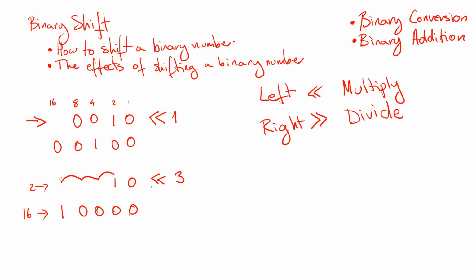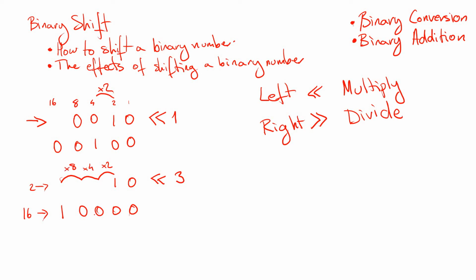So let me repeat that again. If you are shifting a number once to the left, you are multiplying it by 2. If you are shifting to the left by 3 places, you are multiplying by 2, by 4, by 8.